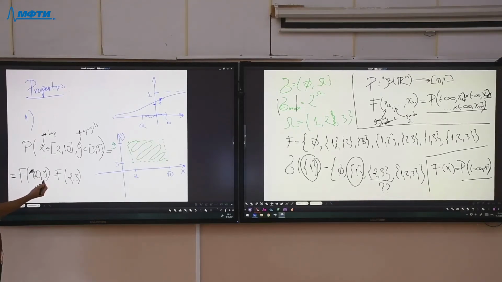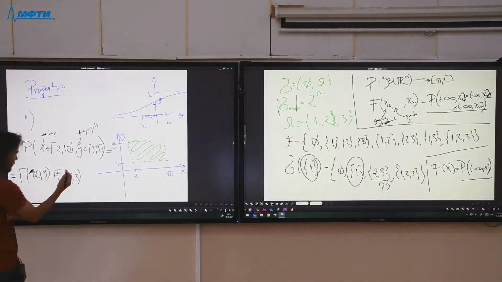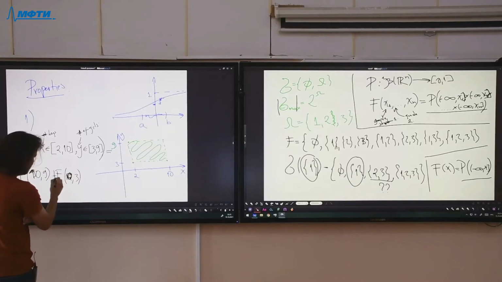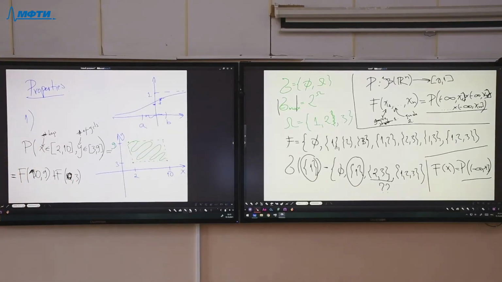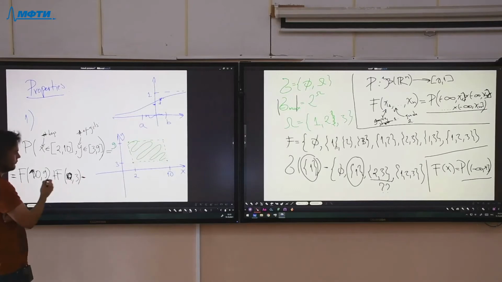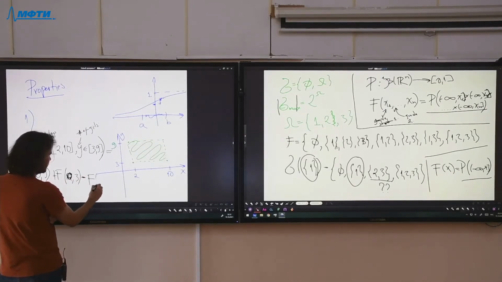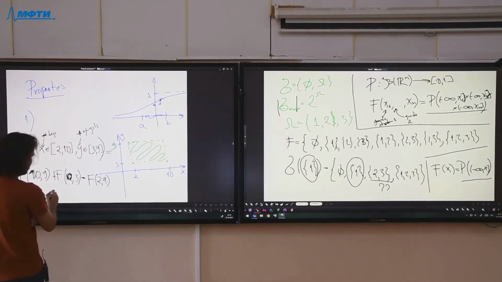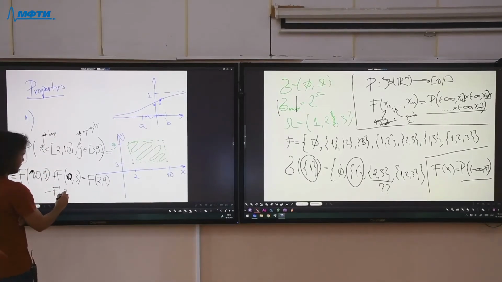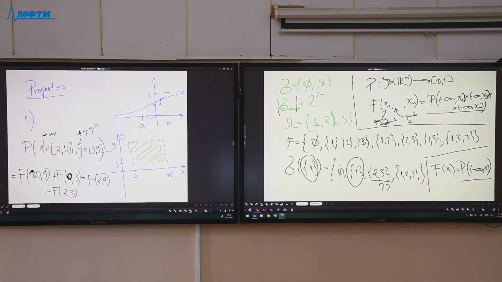No, sir. So I think that we need to say the following thing. This is going to be f of 10, 9 plus f of 10, 3 minus f of 2, 9 minus, maybe something like that, because we have to include all the coordinates.